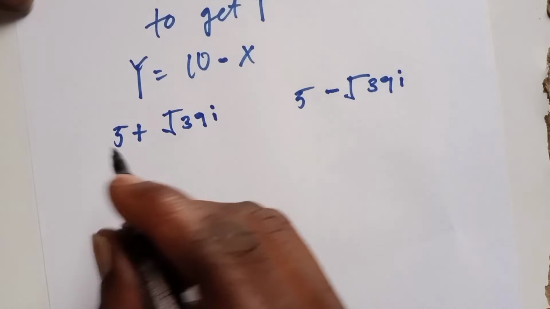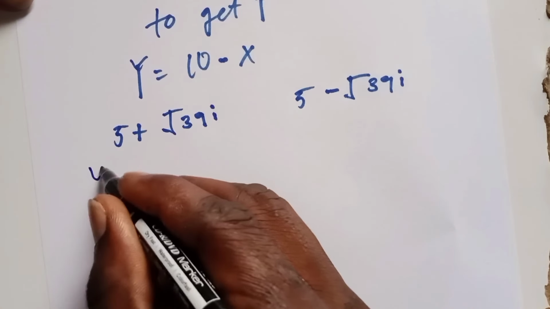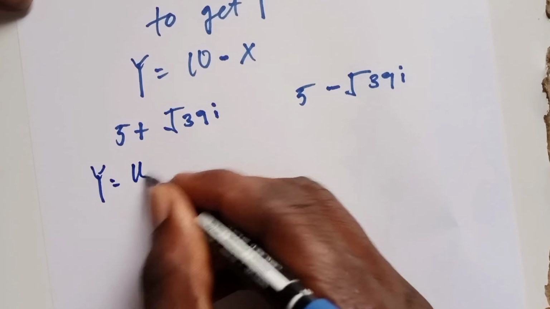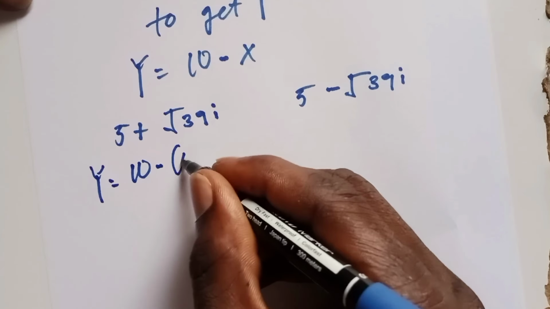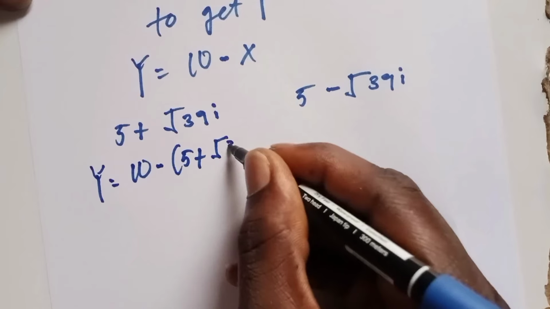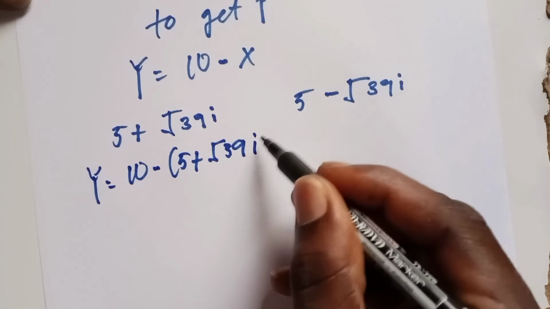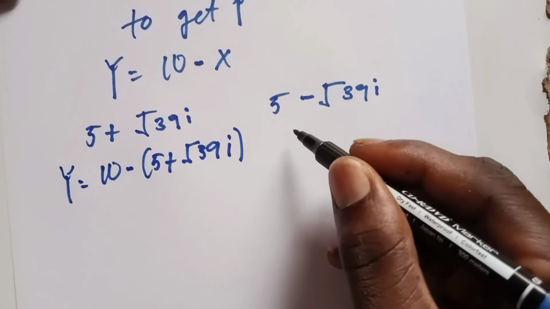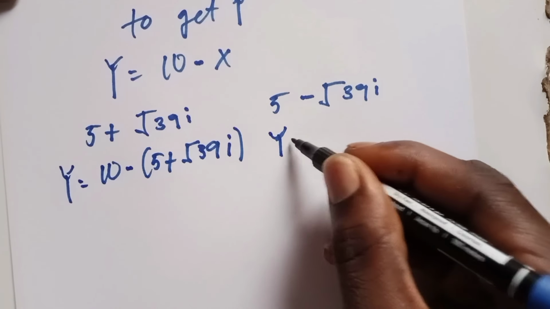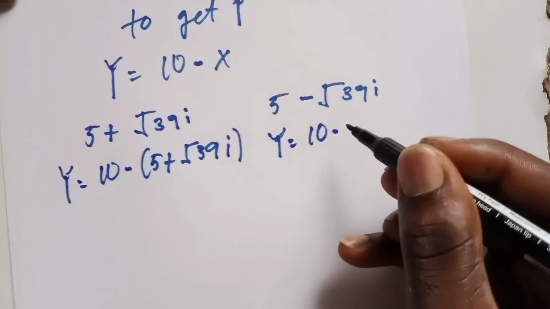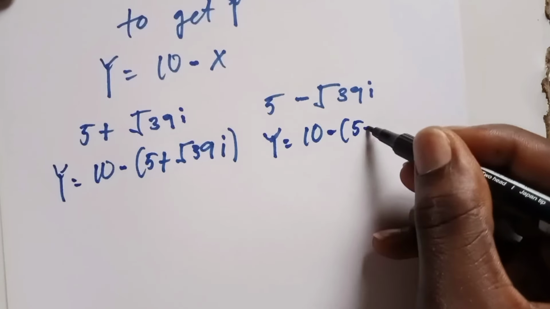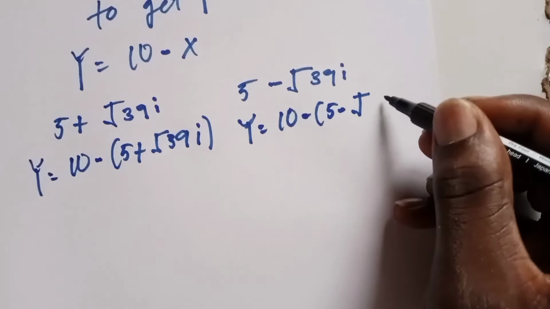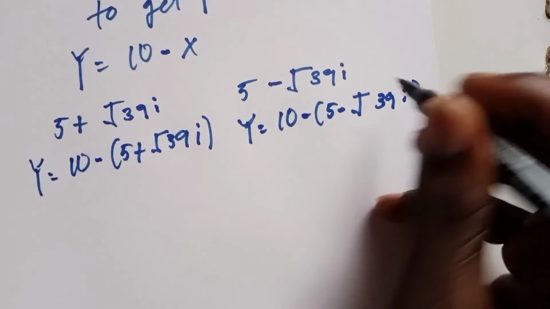So if you substitute this into this, we have that y will be equal to 10 minus 5 plus root 39 i, and y will be equal to 10 minus 5 minus root 39 i.